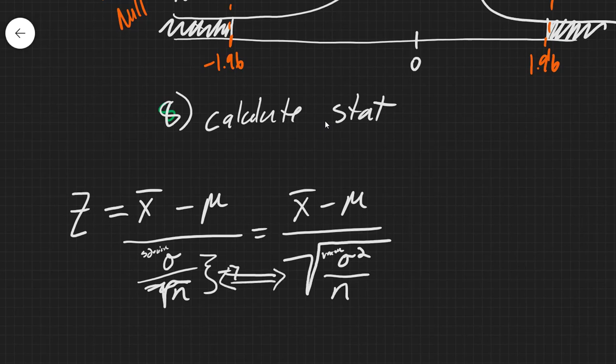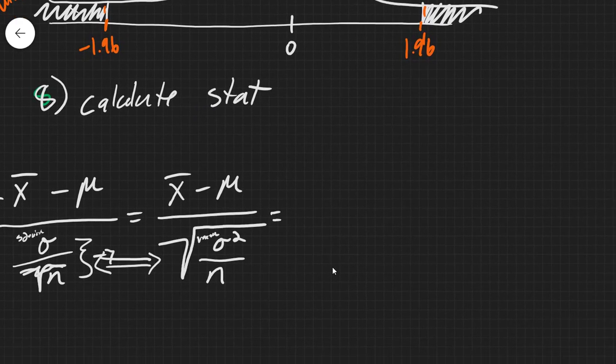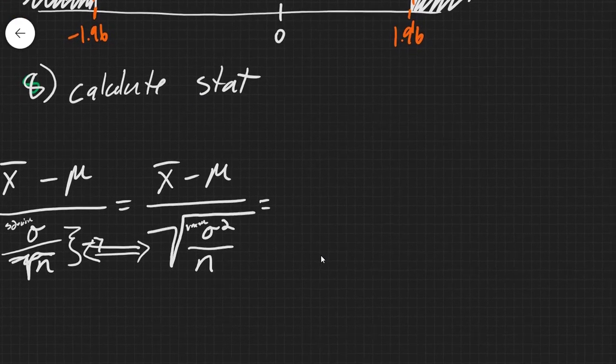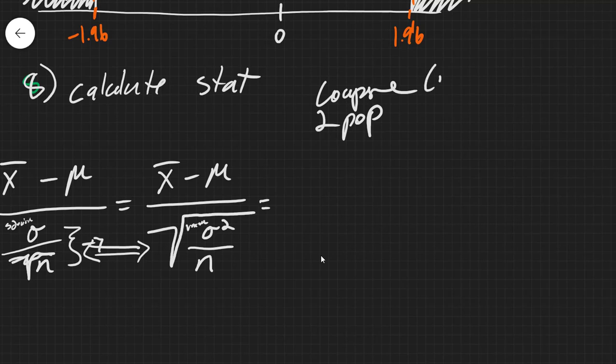And the reason I want you to think about this a little bit differently when we're doing our z calculation is that when we compare two populations, we have to think difference. We want to find the difference between two populations.